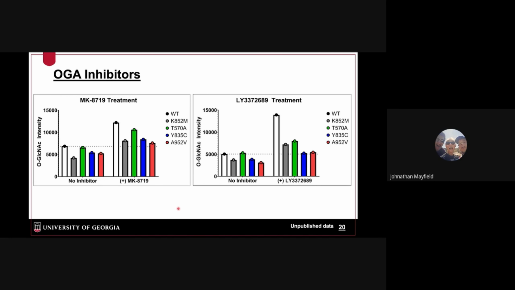But these have the same caveats as we discussed before. These studies are also in the early stages. But thankfully, these inhibitors that we're testing have already gone through phase 1 clinical trials as potential Alzheimer's disease treatments. So that could be helpful in the future if these work in animal models and such.